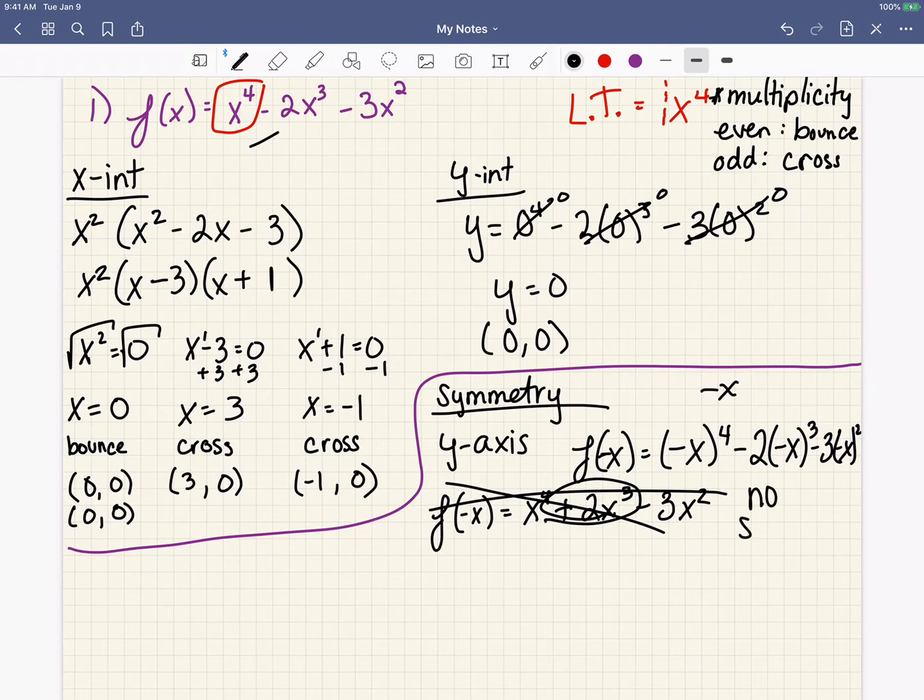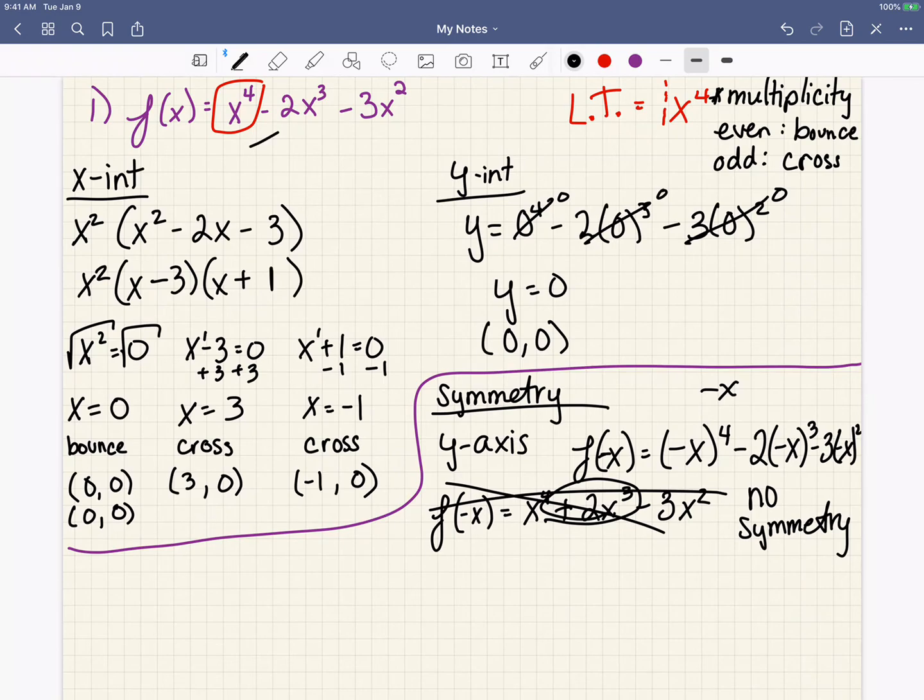No symmetry. And that's with the y. So if I want to look at the symmetry about the origin, I'm going to do the same thing, and then I'm going to go backwards and multiply my original by making it entirely negative.